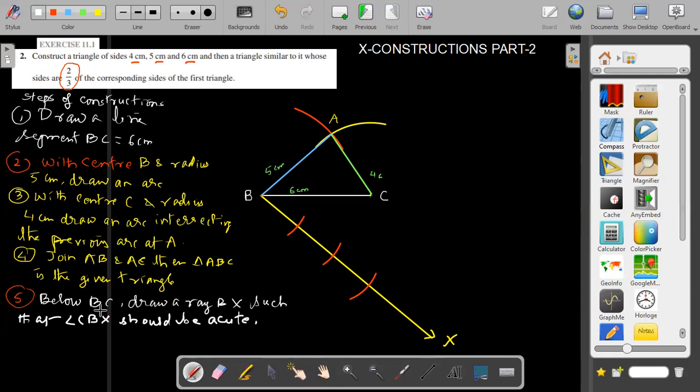And then mark 3 points B1, B2, B3 along BX. This is B1, B2, and B3.